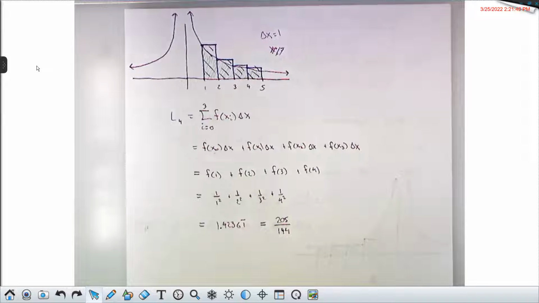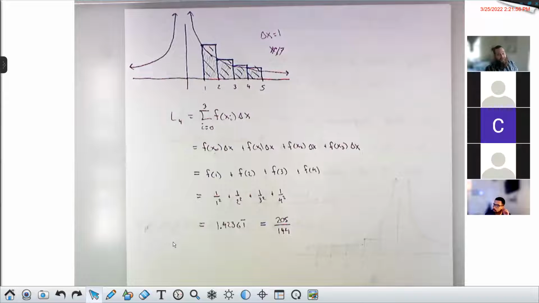This is not a function where I can find the exact area doing a calculation like we did for x squared. At least not easily, right? If you try to set up this sum in terms of n, leaving n as a variable, we don't have a nice summation formula for 1 over i squared. Now there are ways to do it.